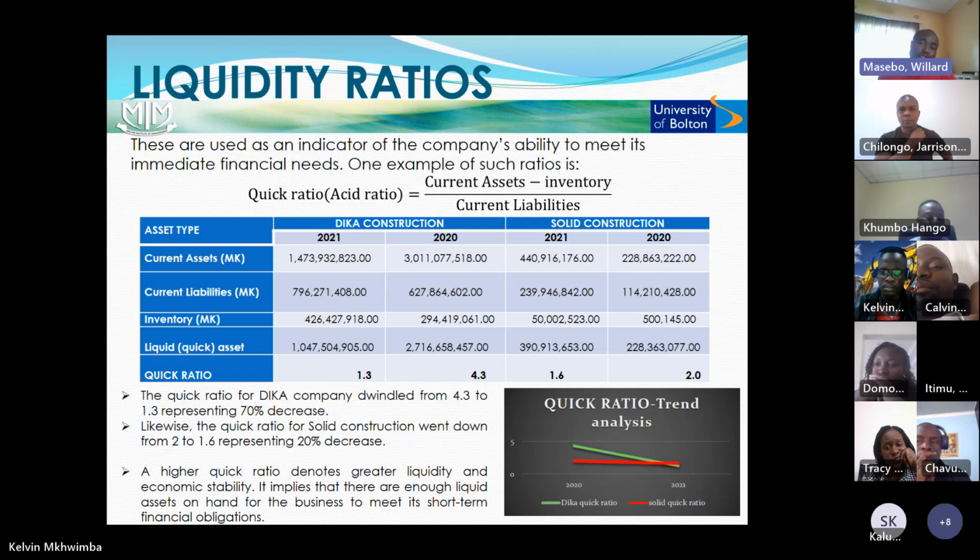But the good news for the two companies is that that's not really a cause of worry, because they're still in a region where they can address whatever short-term needs they want, because we see that their values are still positive, unlike when I refer to the slide which Trace showed me about the net profit and the gross profit.